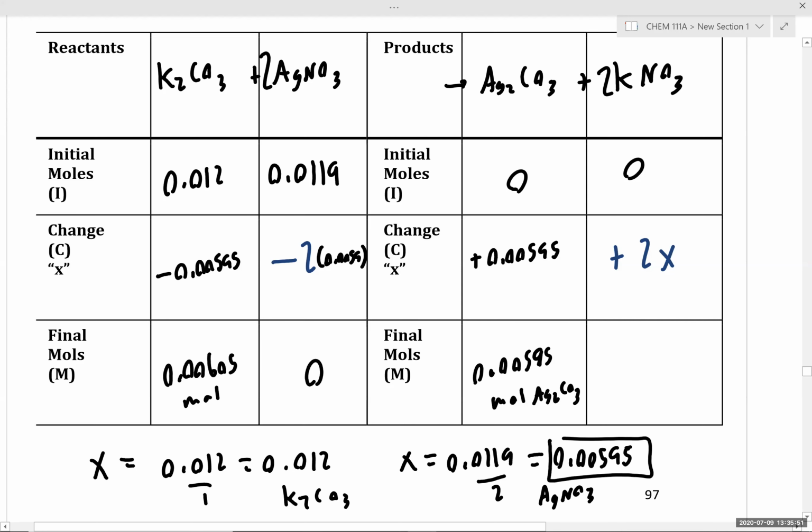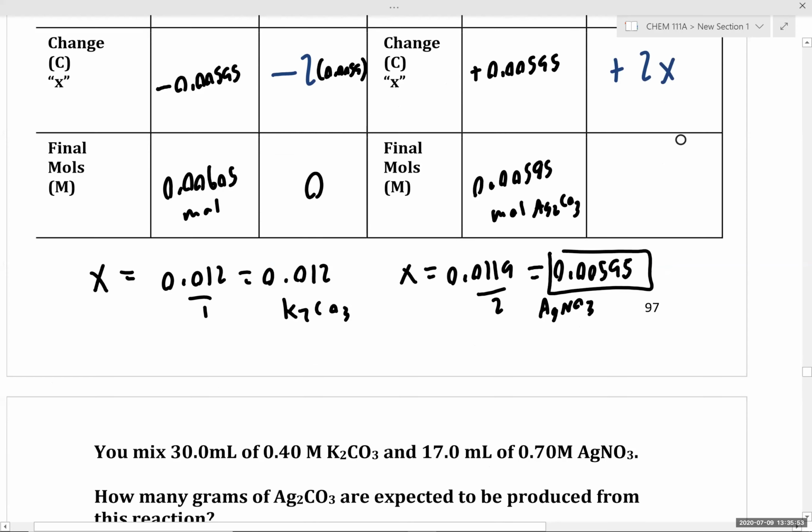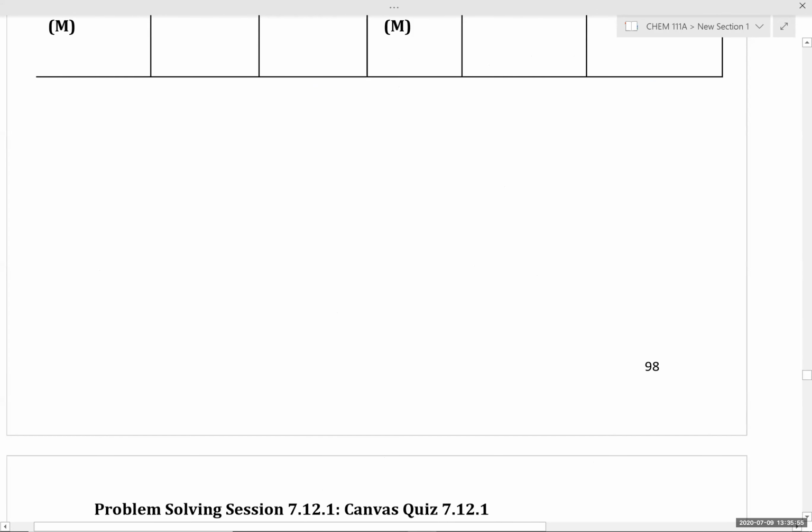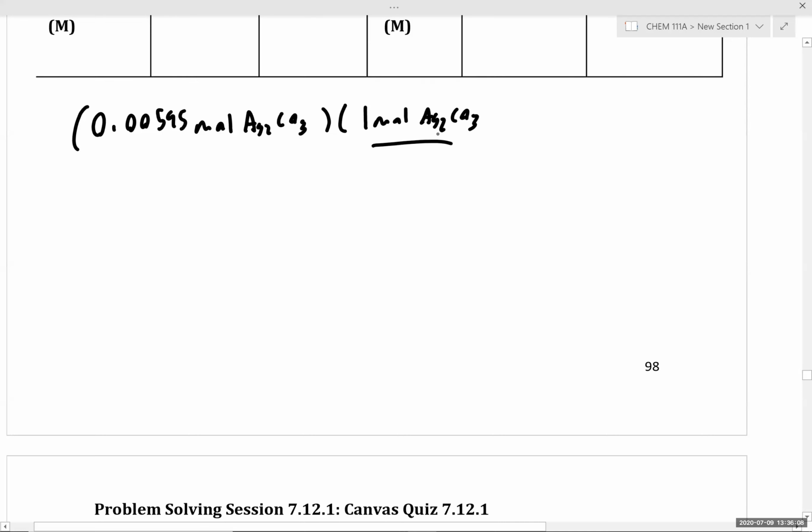And now let's finish off this problem. So if we have 0.00595 moles of silver carbonate, my question to all of you is, in 1 mole of silver carbonate, we have how many grams? What is the molar mass of our product, silver carbonate?